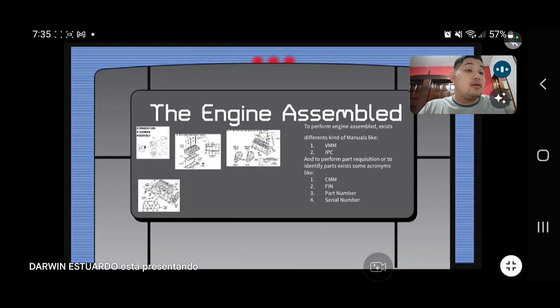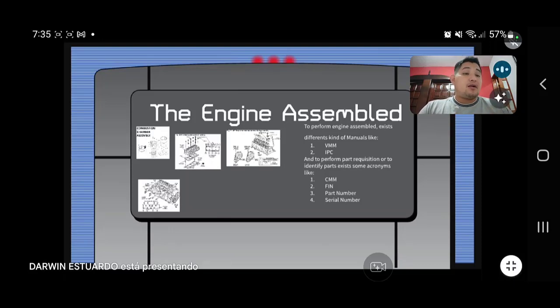It also tells the direction in which we put the bolt, from front to rear or from rear to front. That is really important information to assemble the engine. Next, to perform part requisition or to identify parts, there are some acronyms, which is what I was explaining to you before.